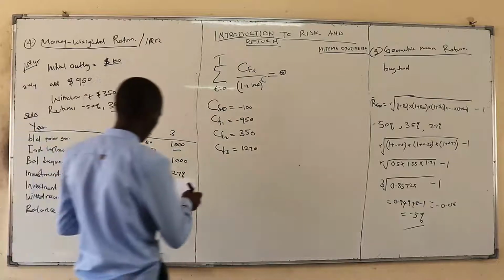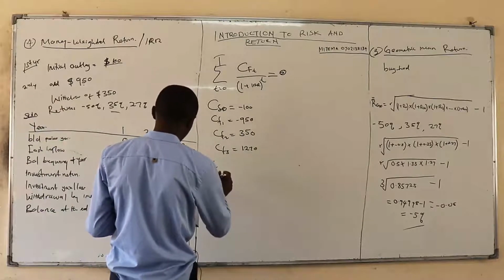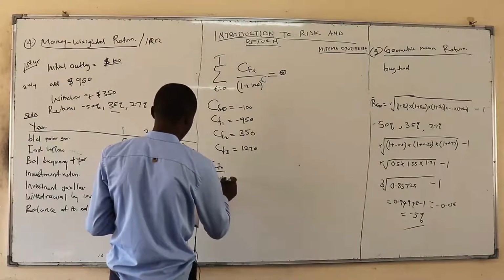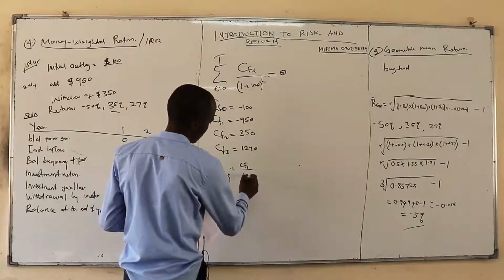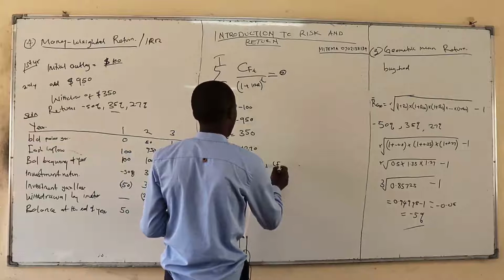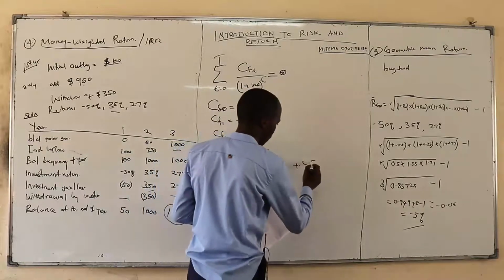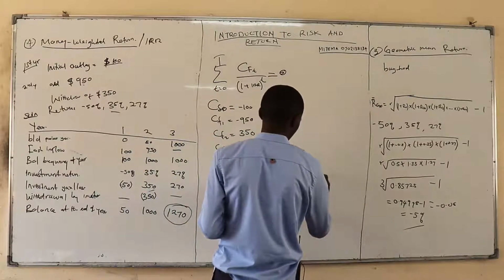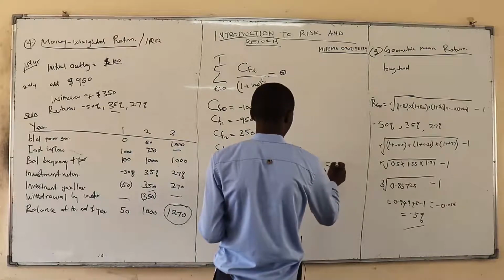So from here, we do our first cash flow, CF0, which is minus 100, over 1 plus, then CF1 over 1 plus the internal rate of return, which we are calculating now, plus CF2 over 1 plus the internal rate of return squared, plus CF3 over 1 plus the internal rate of return raised to power 3, and you equate this to 0.